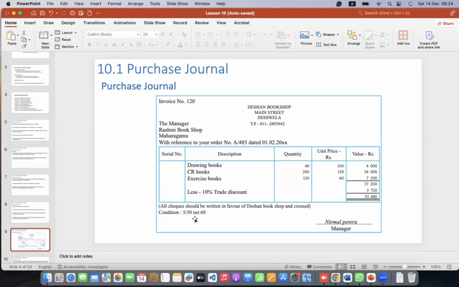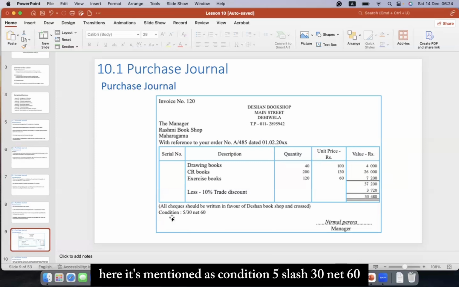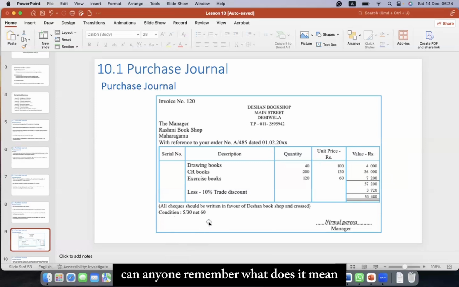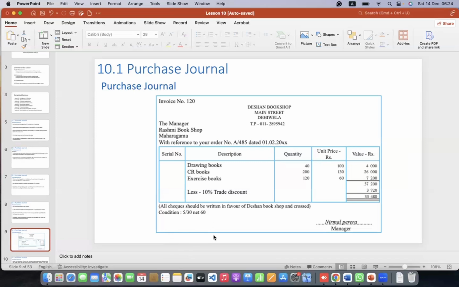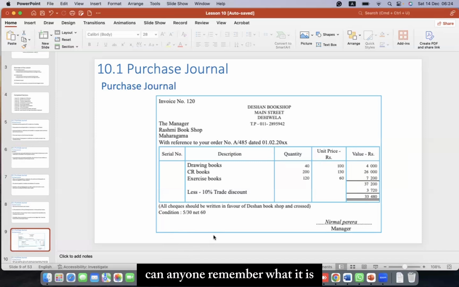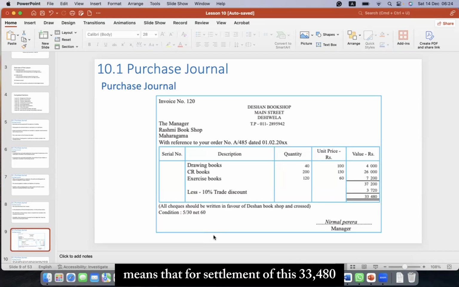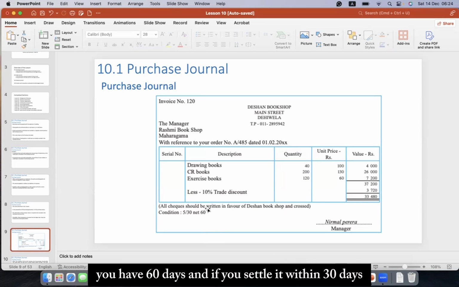Here it's mentioned as condition 5/30 net 60. Can anyone remember what it means? 5/30 net 60 means that for settlement of this 33,480, this total amount, you have 60 days.